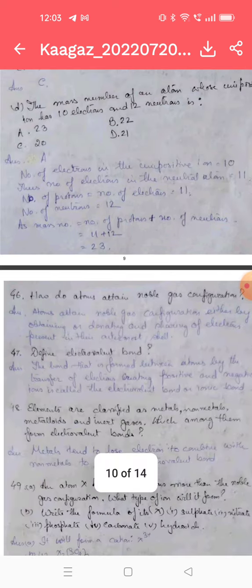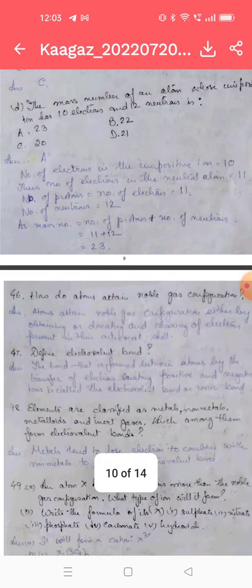Now, how do atoms attain noble gas configuration? Atoms attain the noble gas configuration either by gaining, donating or sharing the electrons present in the outermost shell. Now, define electrovalent bond: the bond that is formed between atoms by transfer of electrons, either by gaining or by donating. If it gains, it will be a negative ion.